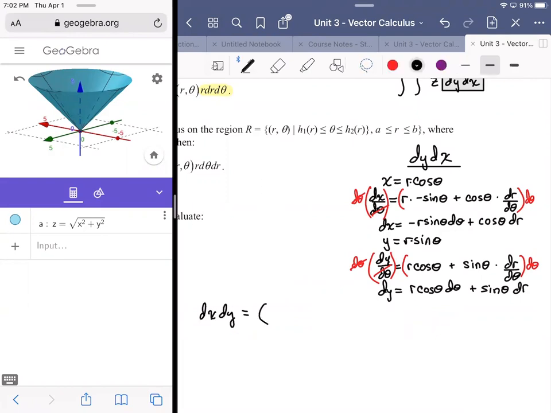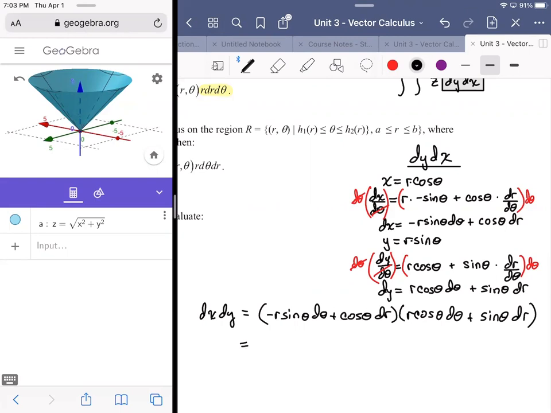So we're going to have the negative r sine theta d theta plus cosine theta dr, multiplied by r cosine theta d theta plus sine theta dr, and I'm going to distribute. Like I said, it ain't going to be pretty, but we can do it.